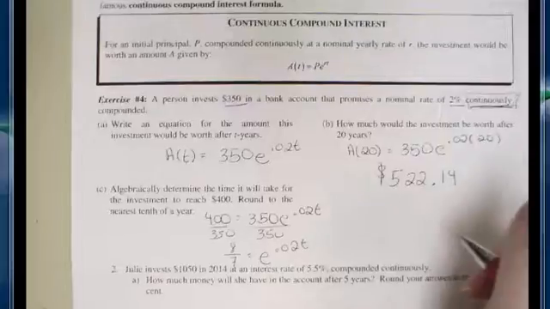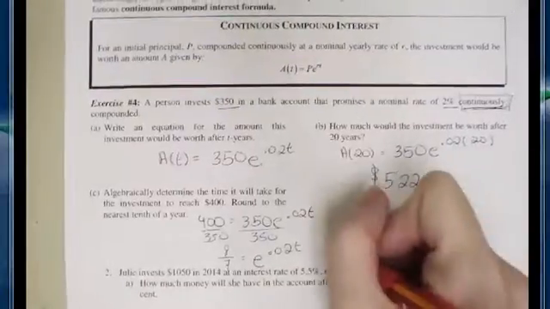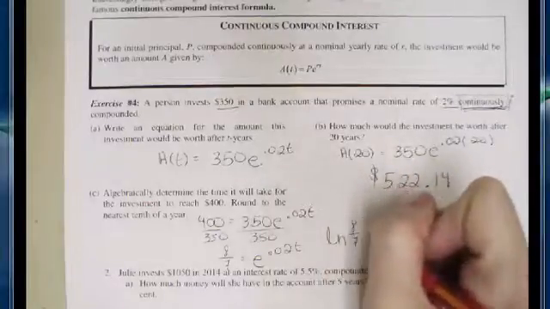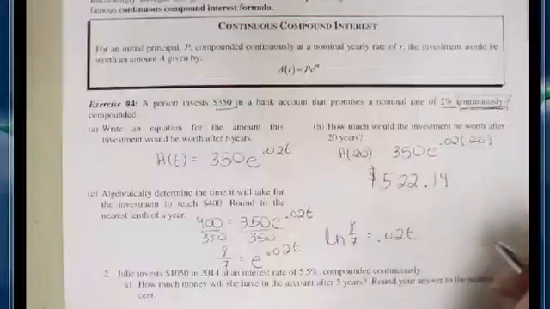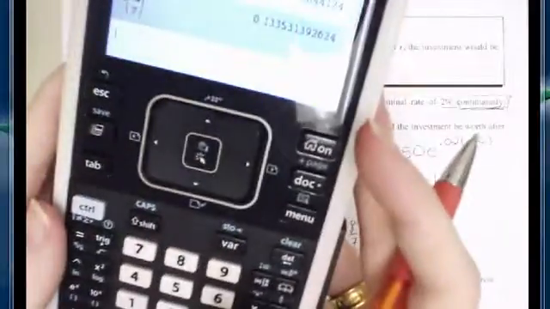Now, need my logs, my friend. But when the log is base e, log e sounds funny, so we say natural log. Natural log of 8/7. Boom. Type it in the calculator. Remember the natural log button above the e. Look at that, how exciting. Natural log of 8/7, and you get a disgusting decimal.